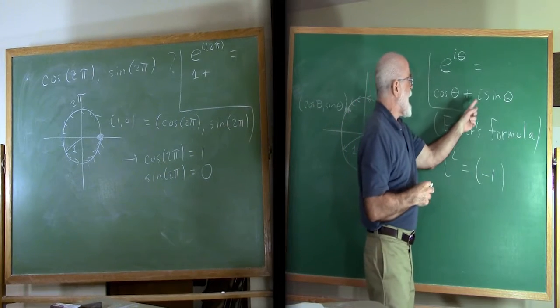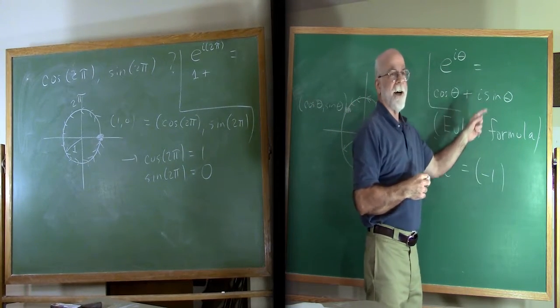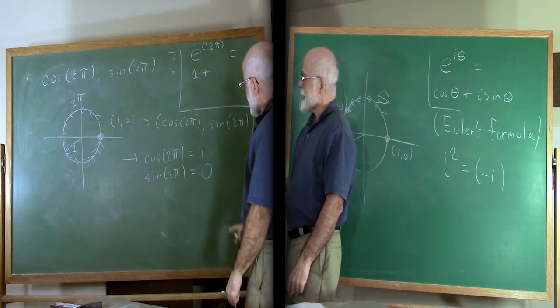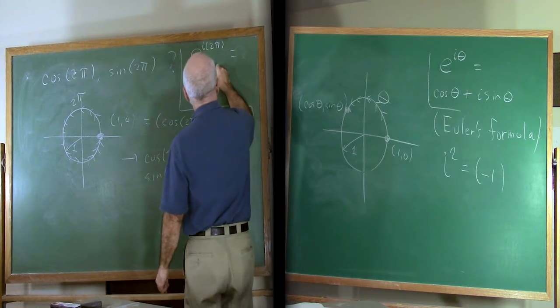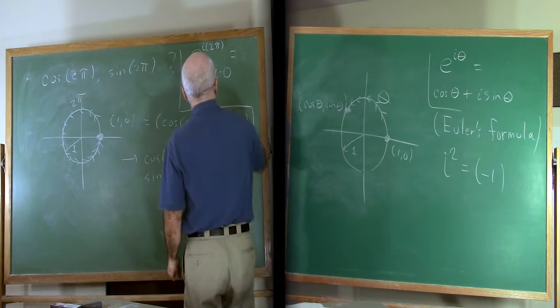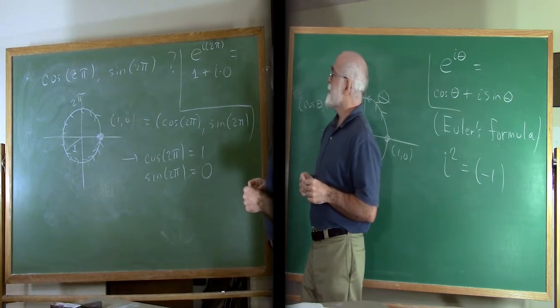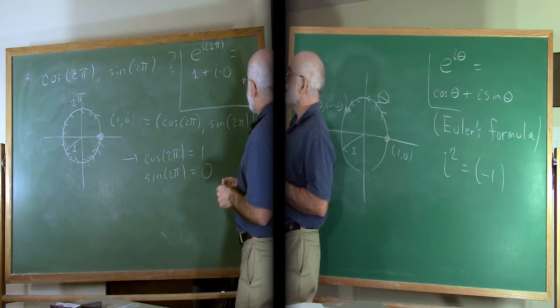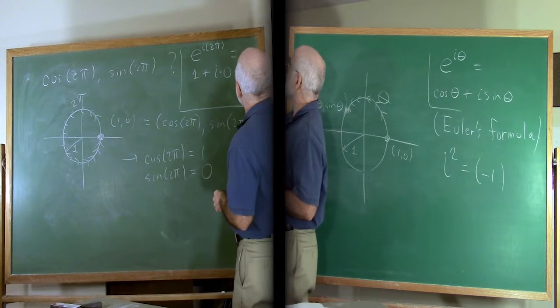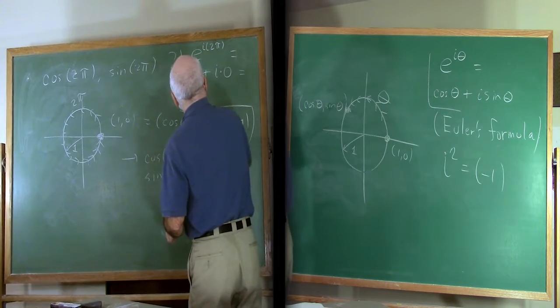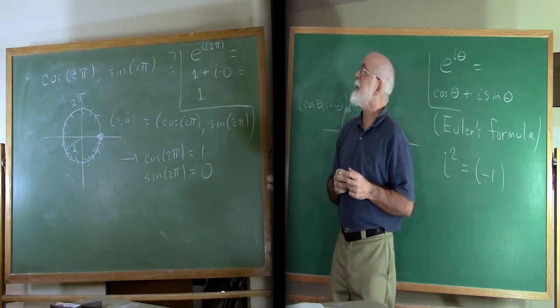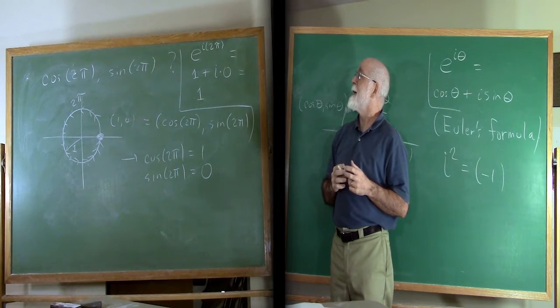Then we want i times the sine. In this case, i times 0. Anything times 0 is 0, even mysterious things like i. So we appear to be finding out that e to the i 2 pi is 1.